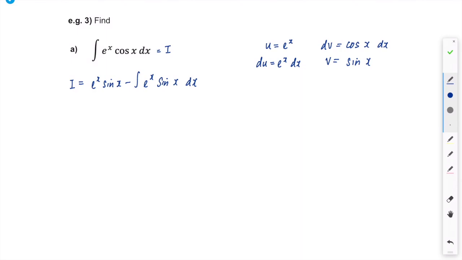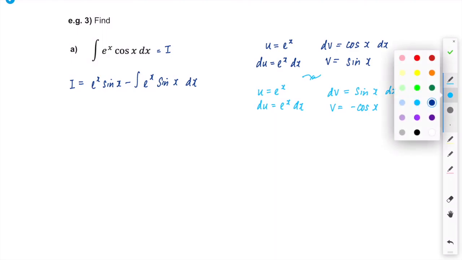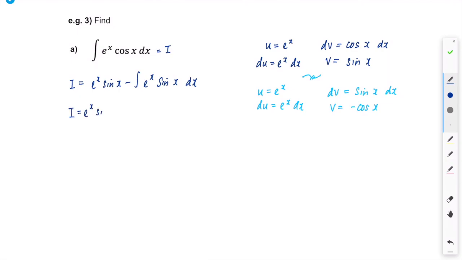So here is another integration by parts, right? Because e to the x times sine x. So let's separate that. I have u equals e to the x. I'll keep that. And then in this case, dv is now sine x dx. So v is negative cos x, like that. All right. And then plugging this back into my expression, I have e to the x sine x.